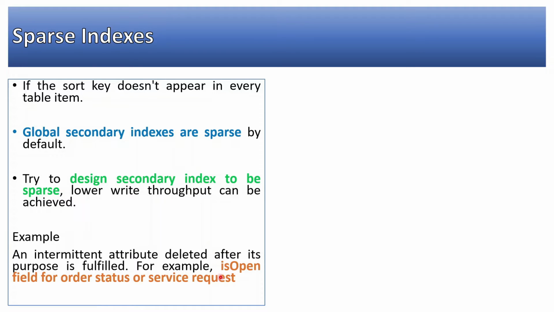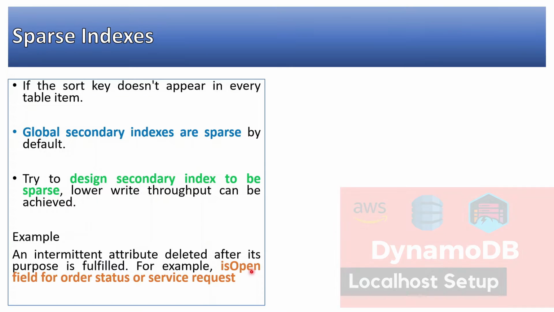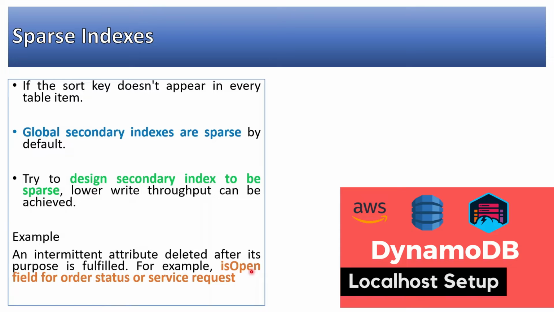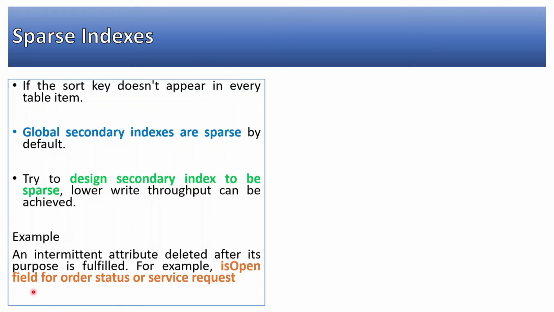So we keep an is open field for the orders, and once the order is fulfilled, we can simply remove this field. This could be a sort key, or a partition key as well as sort key, in GSI or LSIs. I have created an example here.